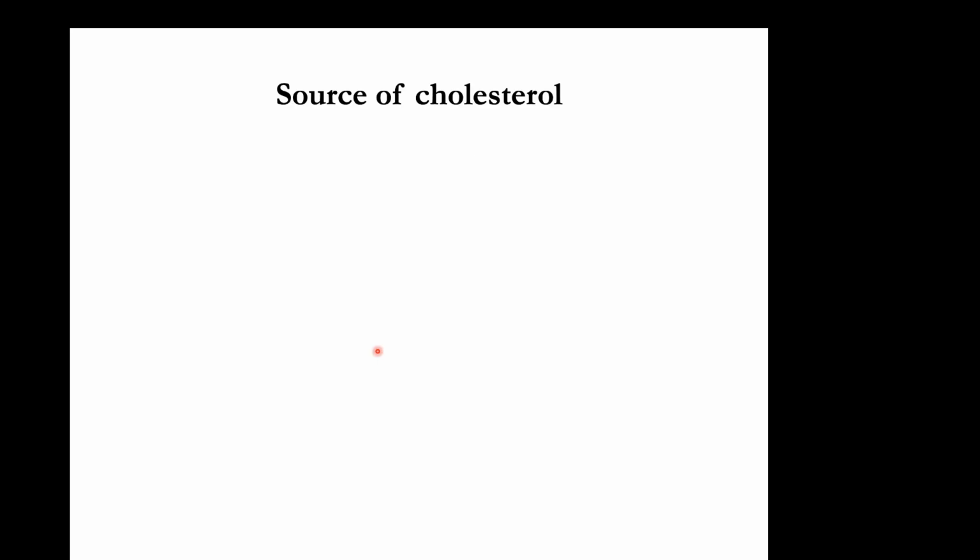There are 3 major sources of cholesterol in our body. First of all, depending upon importance, LDL cholesterol. The steroidogenic tissues take up the cholesterol by receptor-mediated uptake through LDL and use it inside the cell for steroid synthesis. The second important source is de novo synthesis.